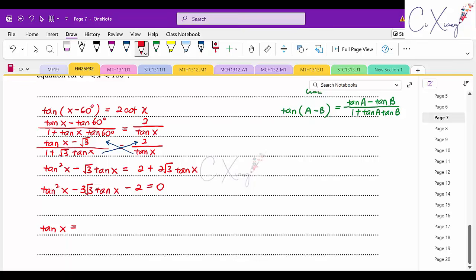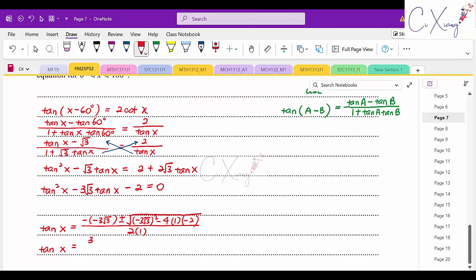It is negative b, plus minus square root b square minus 4ac, so b square minus 4, then a, then c, divided by 2a, so divide by 2 and then a. Eventually, if you simplify the values, you'll get two values.